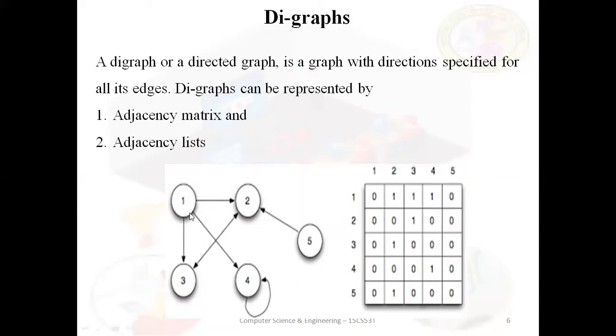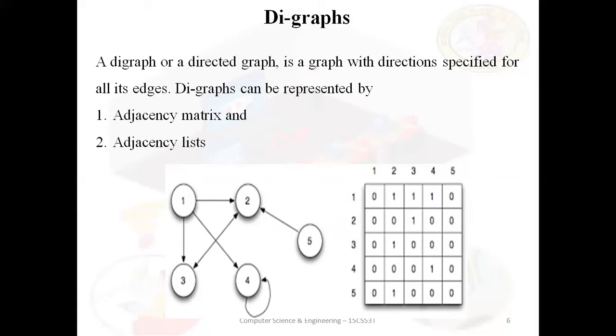If we analyze this graph, we have an edge starting from 1 to 2, 1 to 3 and 1 to 4. There is no edge from 1 to 1, so that's why 1 to 1 is represented in this matrix as 0. When there is an edge, we represent it in the matrix as 1.